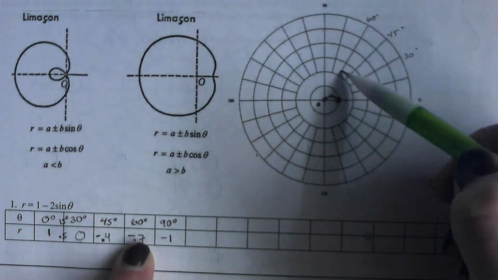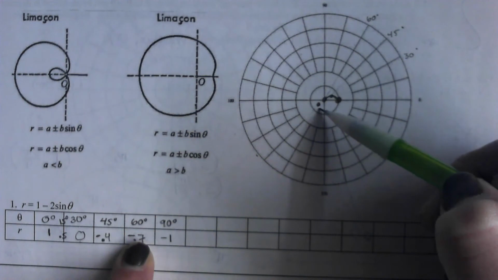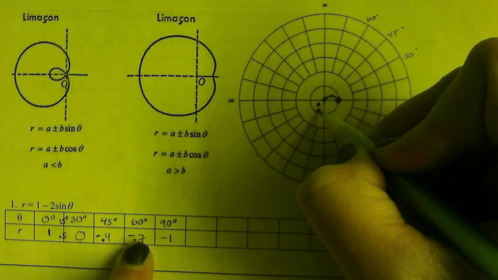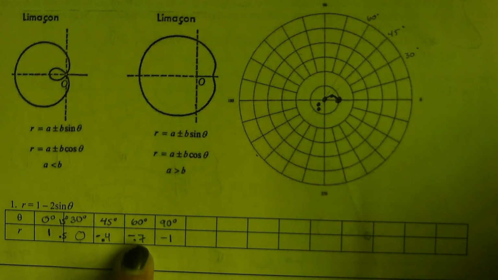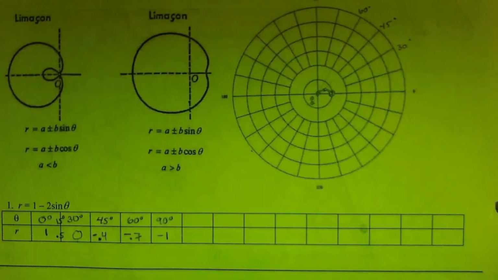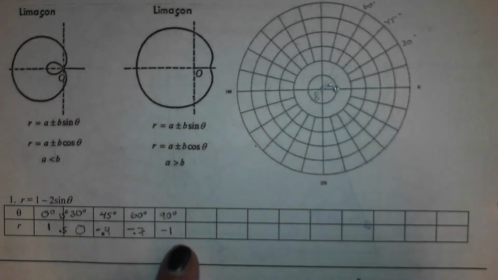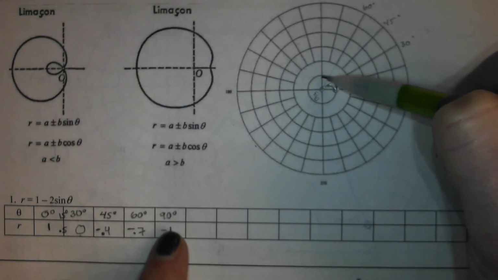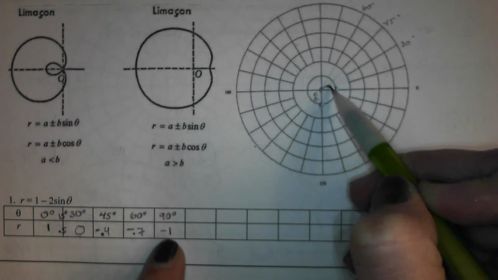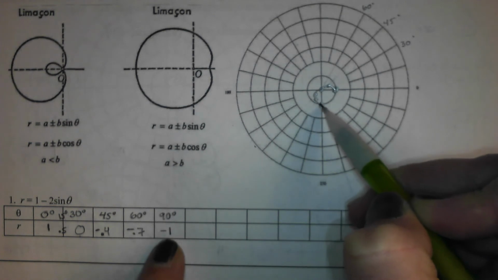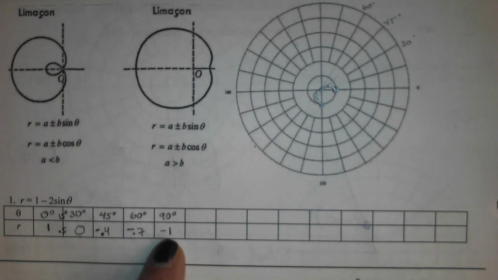So if we come backwards on that ray, negative 0.7 is just going to be a little bit further out. Still within the first circle. And then the 90-degree angle goes with a negative 1, which puts you here. So if I continue that looping and connect those 3, it does that. Are we good with that?